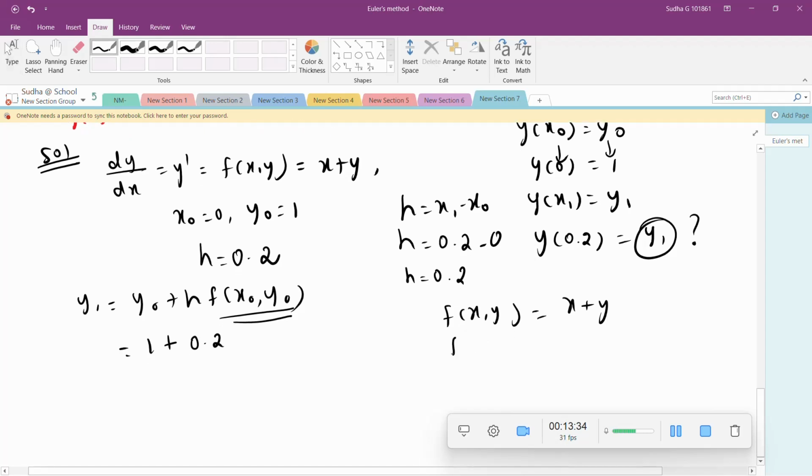So if we replace x with x naught, and y with y naught, we will get f of x naught, y naught value. So x naught value 0, y naught value 1, so which is 1. So f of x naught, y naught value 1.